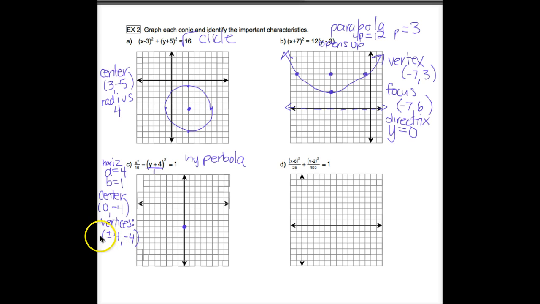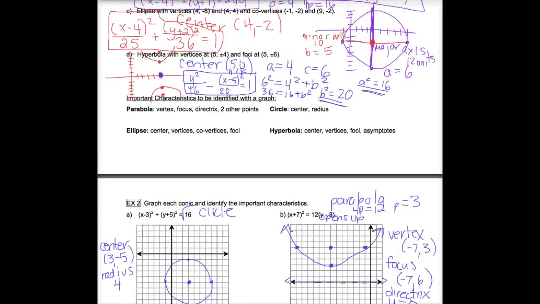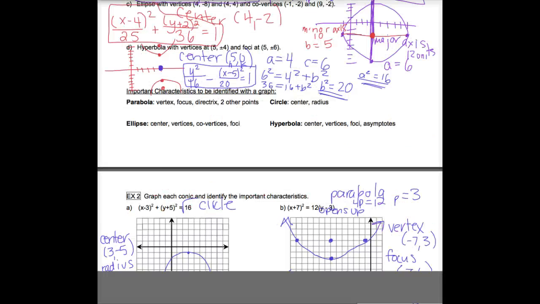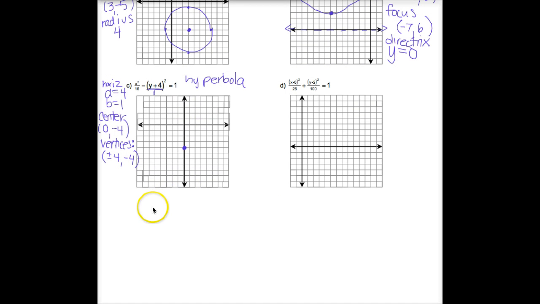Then I need to find my asymptotes as well as my foci. For my foci, because this is a hyperbola, again, you can go back up and look, c squared equals a squared plus b squared. So c squared equals 16 plus 1, which means c squared is 17, and c is radical 17.